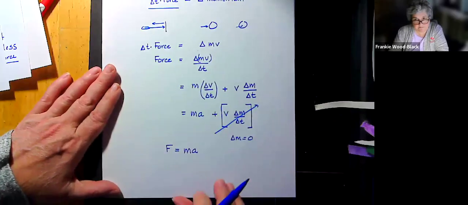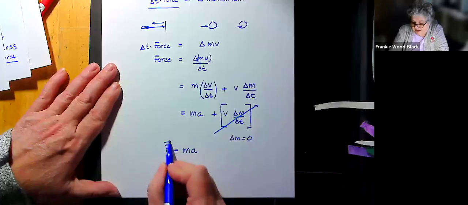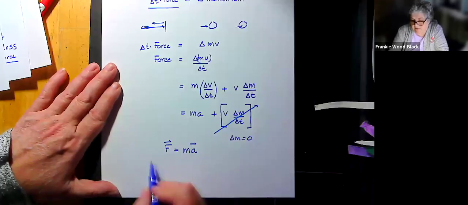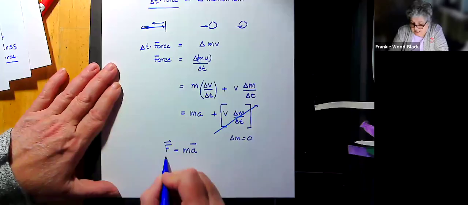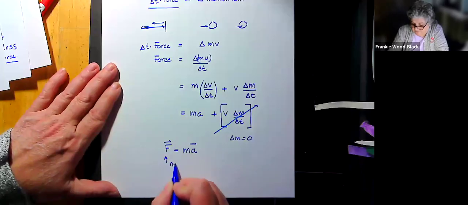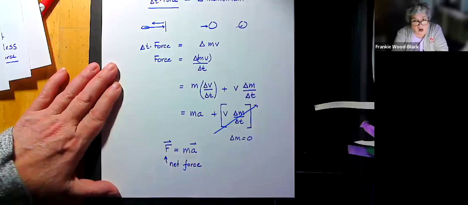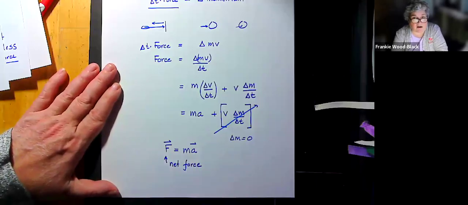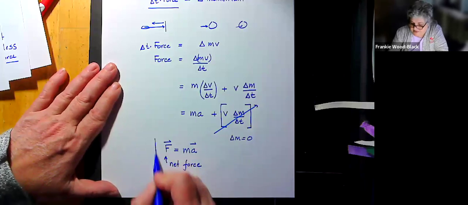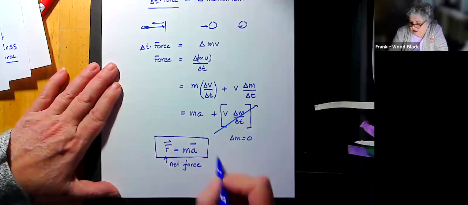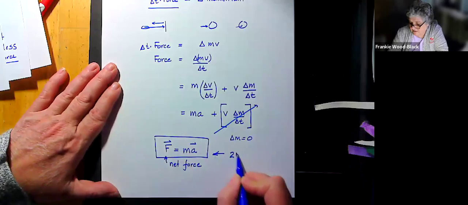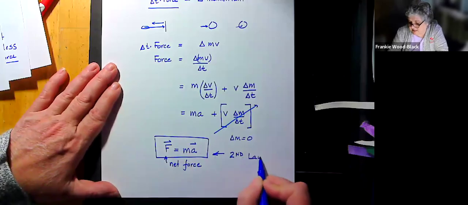Now, these are vectors. And what we're actually also saying is that this is the net force. We have to account for all the forces that are acting on an object. And this is the second law that we see in the chapter.